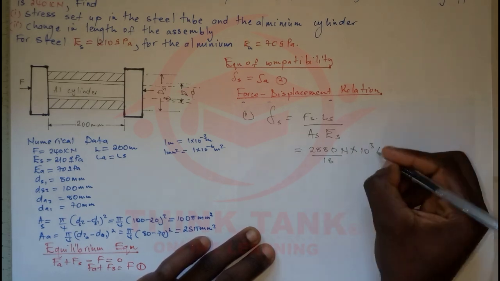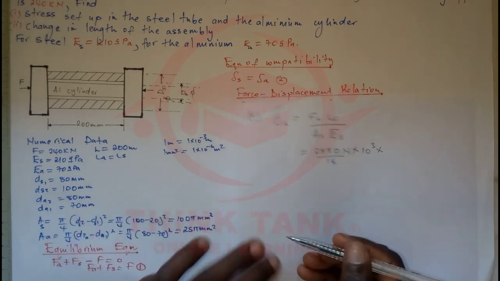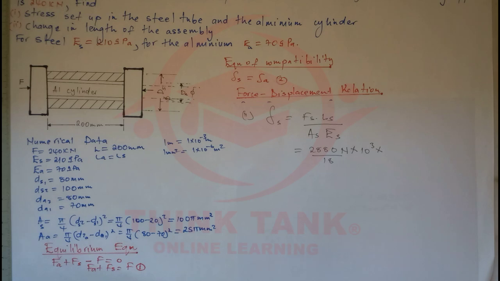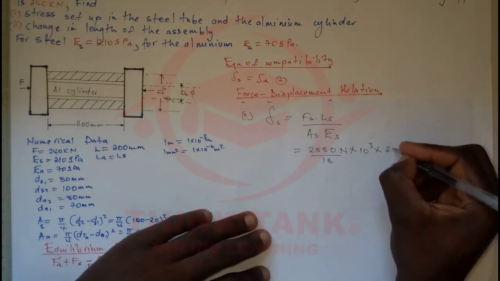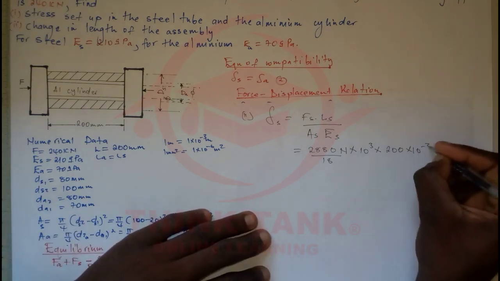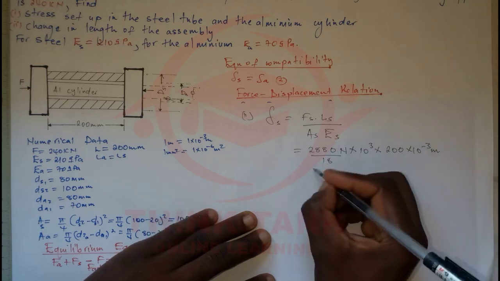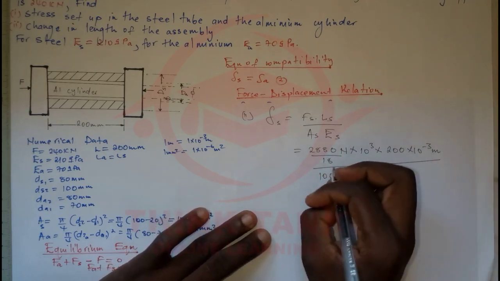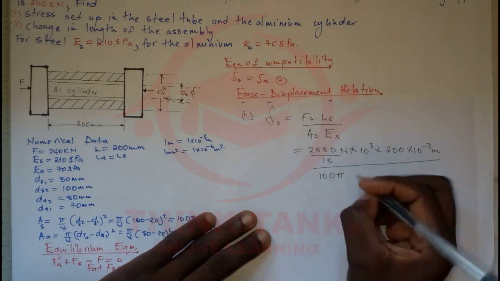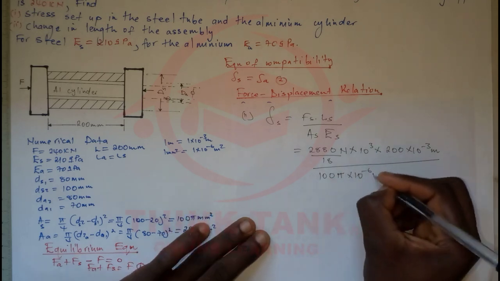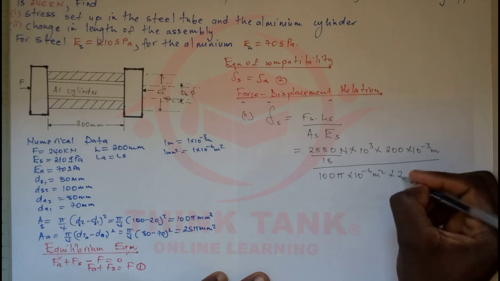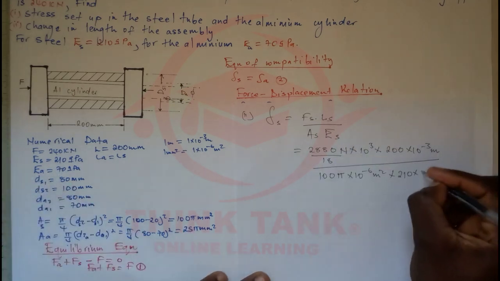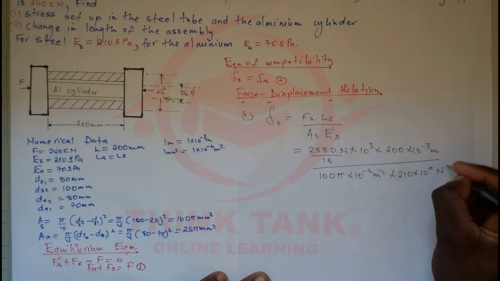The length is 200 millimeters, so I'm going to change millimeters to meters: 200 times 10 to the power negative 3 meters, divided by the area of the steel, which is 100 pi times 10 to the power negative 6 meters squared, times 210, which is Es, the modulus of the steel, times 10 to the power 9 Newton per square meter.